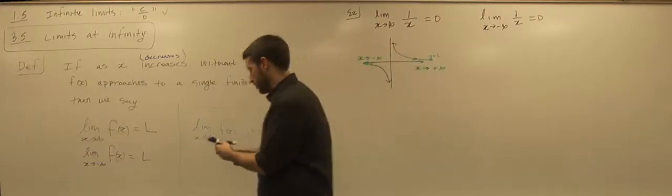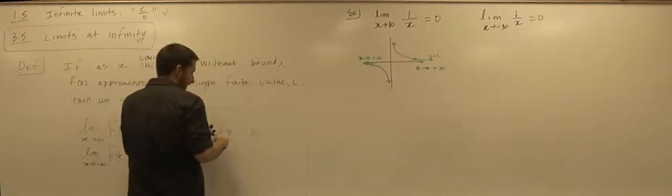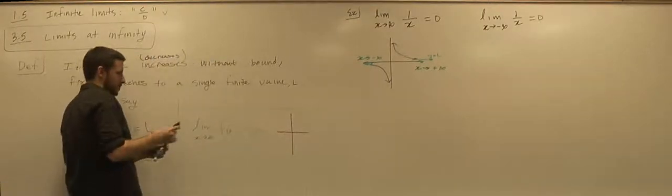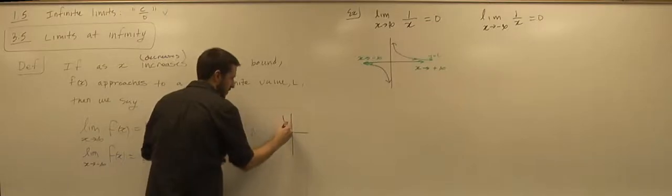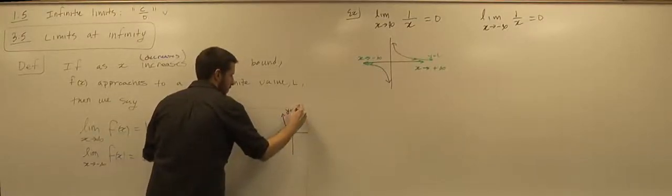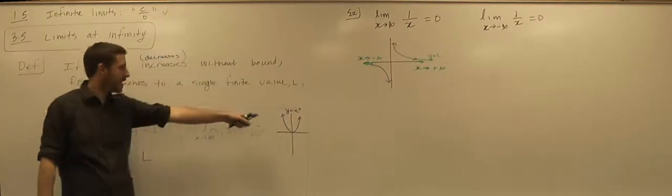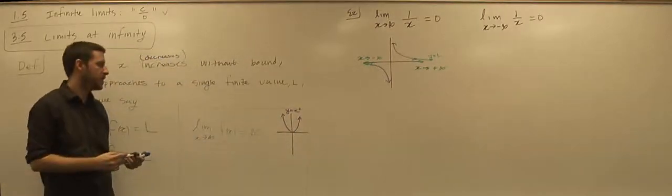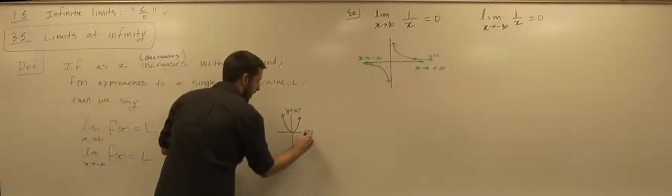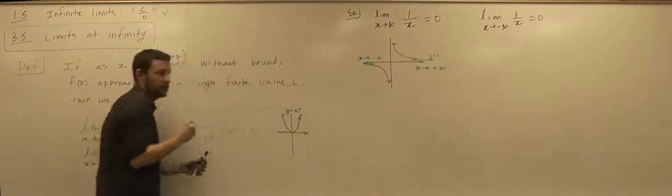Yeah, anything that goes up and up forever. Right, so x squared. This limit as x goes to infinity will be infinity, because as x increases without bound, so does y.